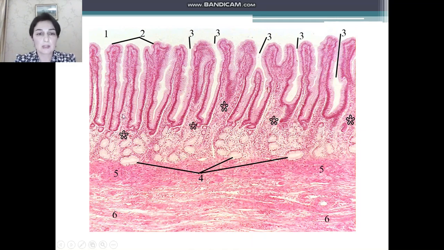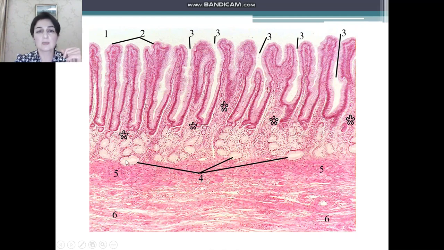Here we are looking at the cardial part, and in the next slide we will look at the pyloric part of the stomach. Here we have the glands of the stomach, the cardial glands, and in the pyloric part we will see pyloric glands of the stomach. They are similar to fundal glands, but what is the difference here?